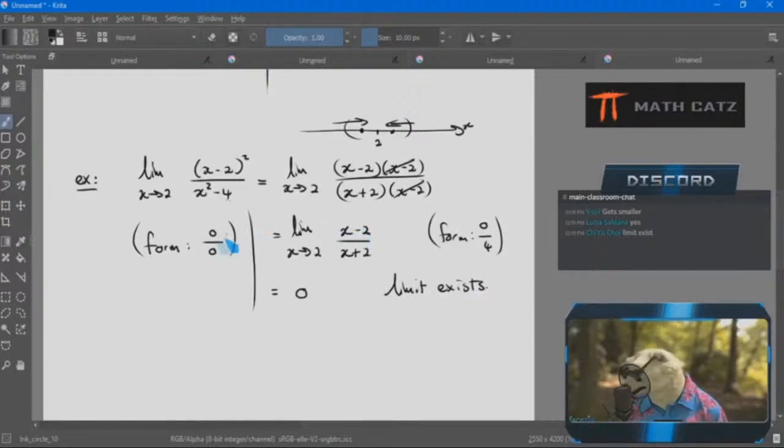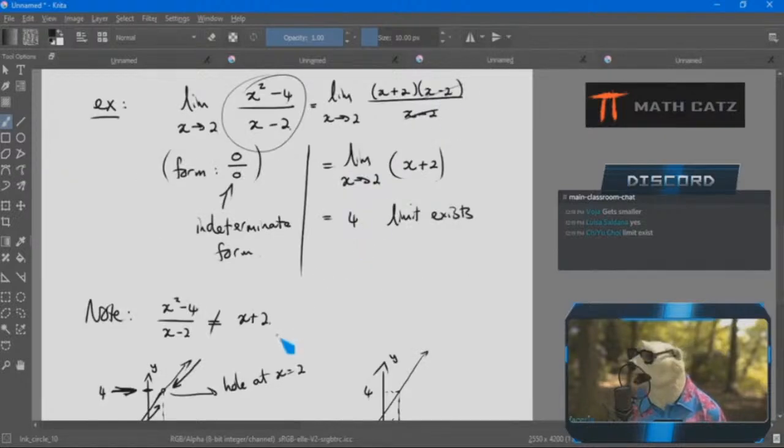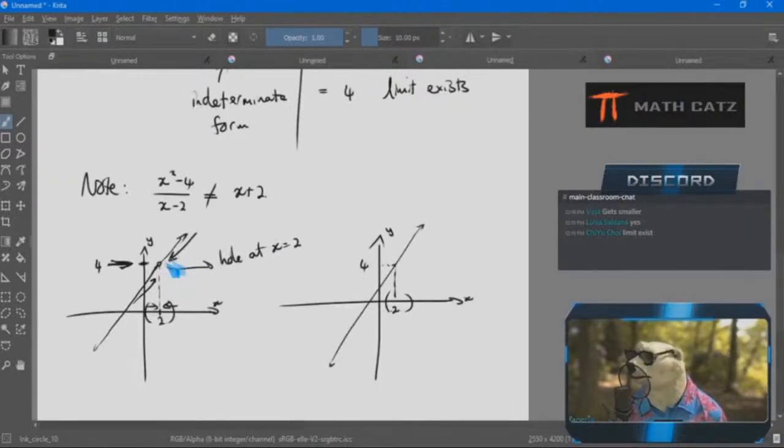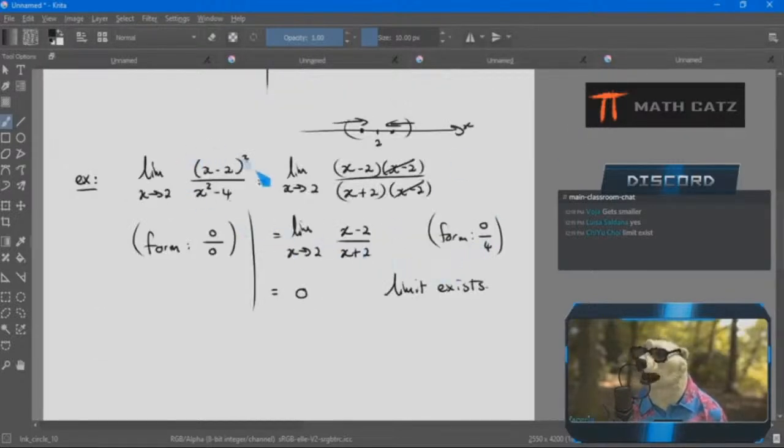So having a 0 over 0 form originally, being able to cancel out that denominator problem, making the denominator 0, means I have this whole issue again, which is a minor technicality, really. But I don't necessarily know that because I don't want to graph this. I don't know what the graph looks like.